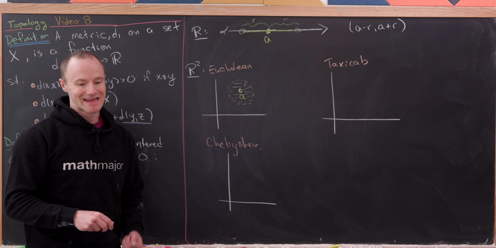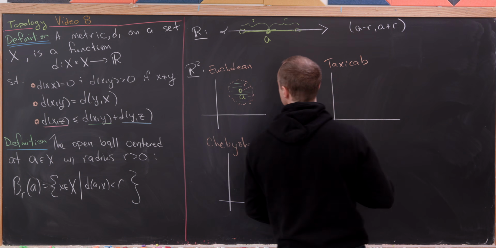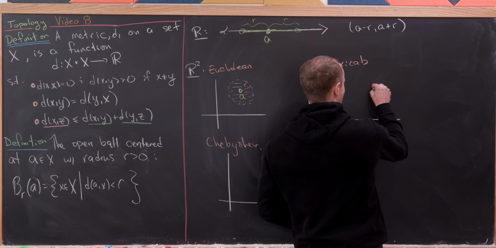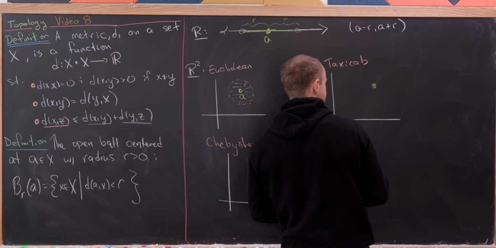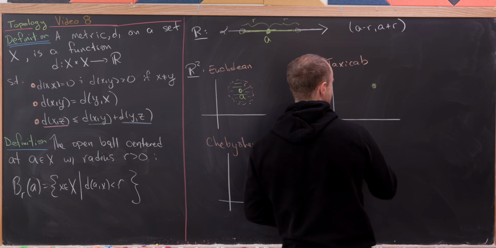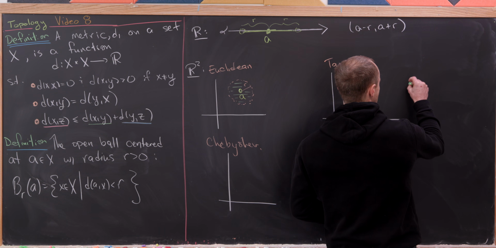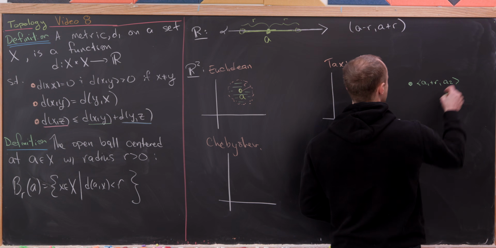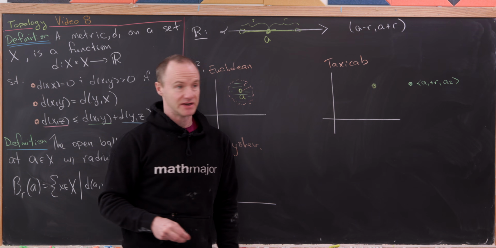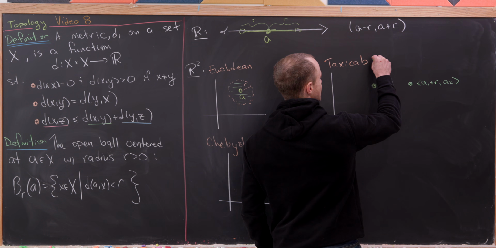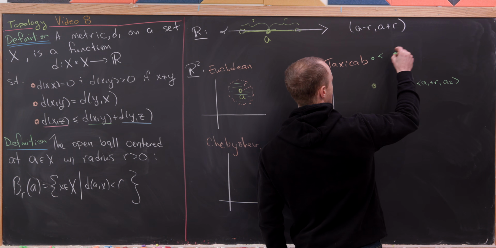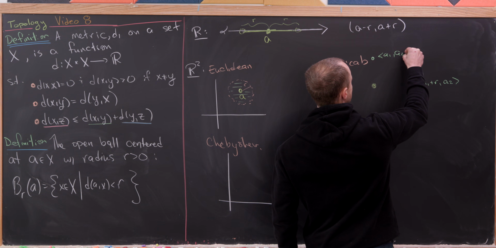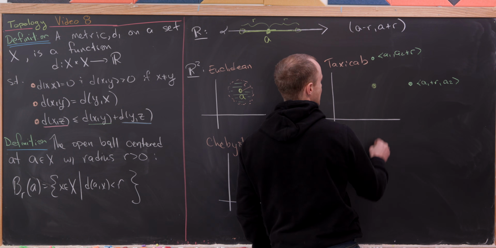Now let's look at the taxicab metric. Let's go over here to our point A. And notice that something straight to the right of it, which might have coordinates A1 plus R and A2, that'll be just on the edge. And then maybe something above it, which would have coordinates A1, A2 plus R, will also be just on the edge.